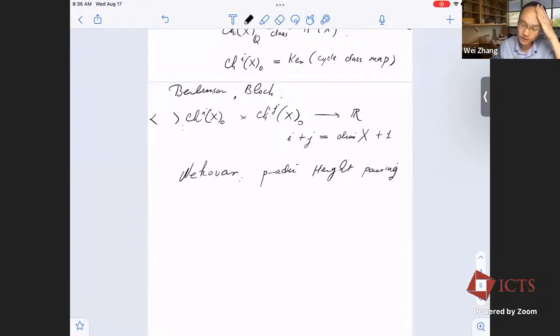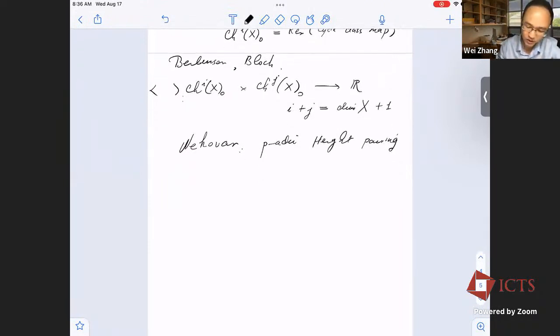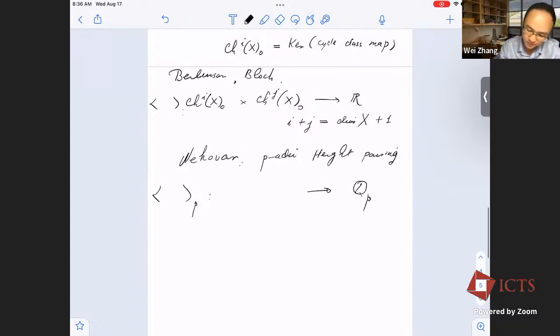You don't need an integral model to formulate weight monodromy, but in practice you have to study some integral model to prove weight monodromy. But anyway, it's relatively easier than the Beilinson-Bloch height, which is real valued. So here there's a p-adic valued height pairing. It's the same thing, but with values in Q_p. So notice that the domain of definition is actually a Q vector space, where the target is either a real number or a p-adic number.